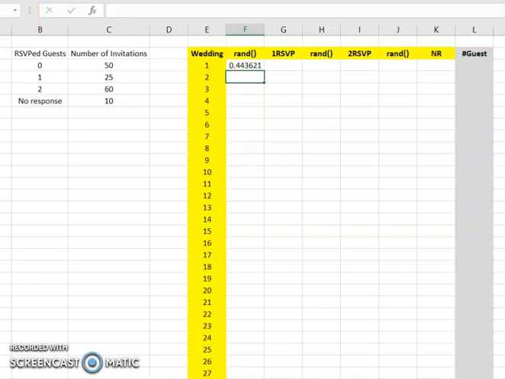To make the video short, I'm going to do a lot of the repetitive things without showing you. Here it is RAND, the formula, and we are going to populate all the cells. Here we have RAND, here we have RAND, and here we have RAND, all the same.